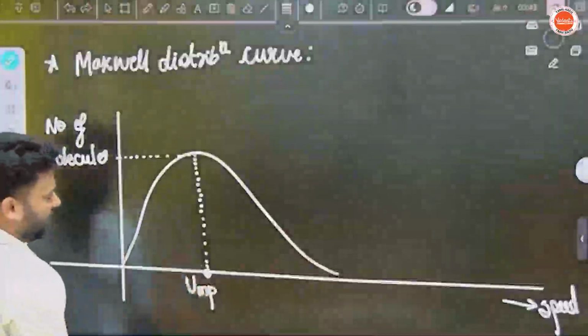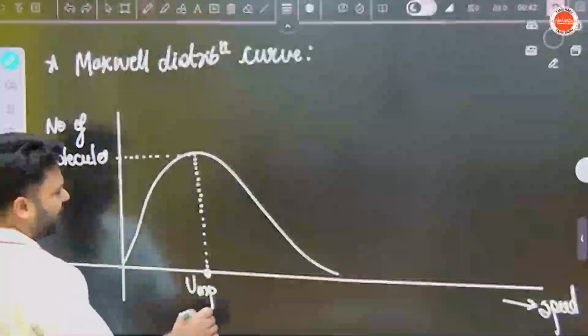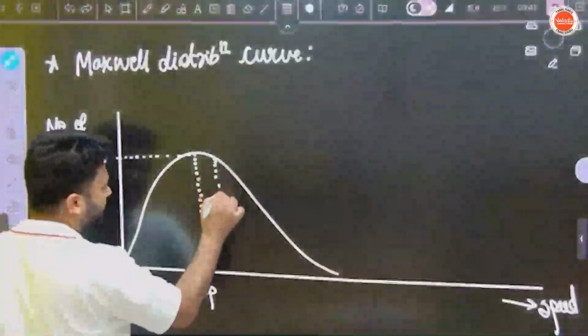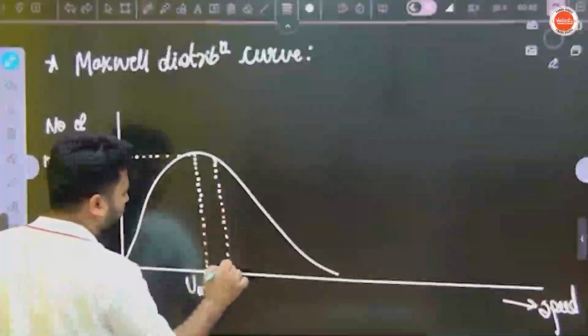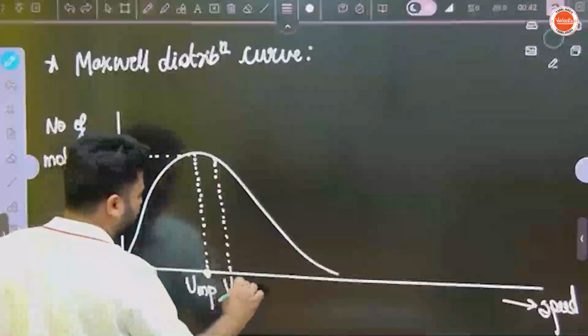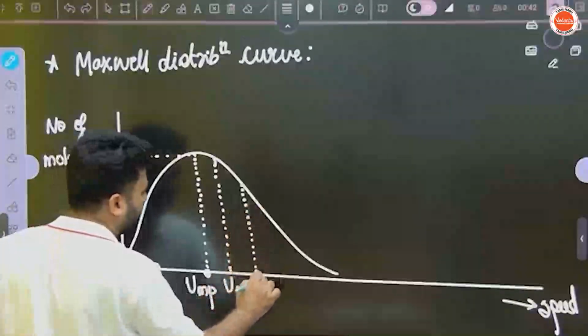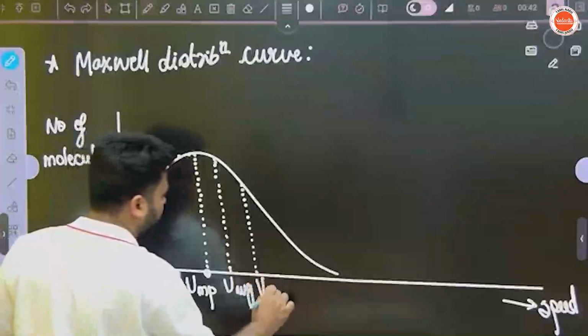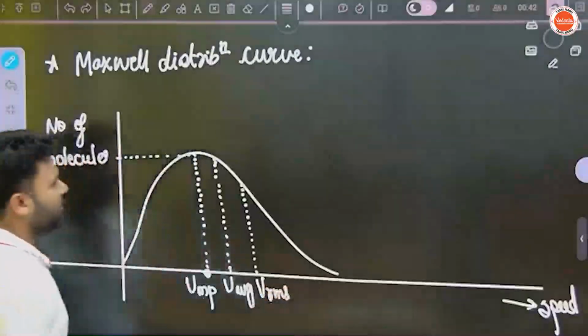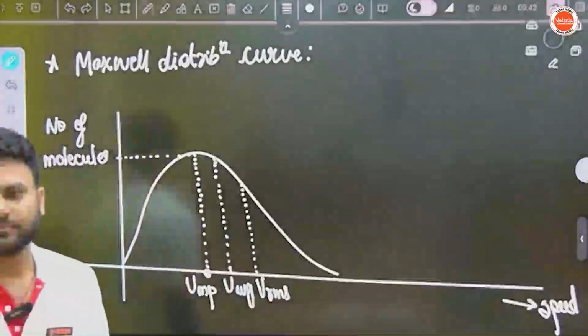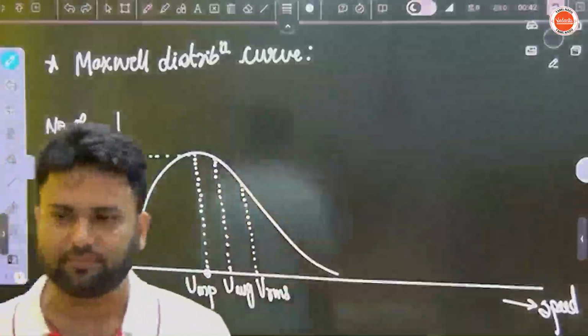So V most probable is here. Average speed is a little more than most probable, so this will be V average. And RMS speed is maximum, so this speed will be V RMS. Correct.